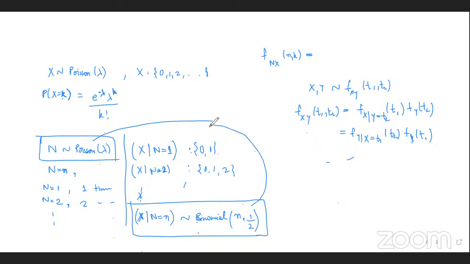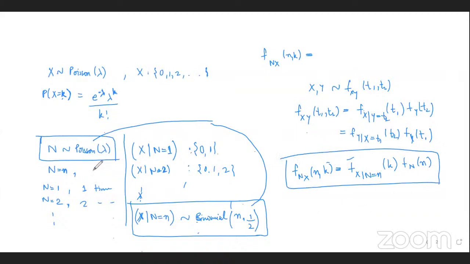Similarly, in this problem, we know the distribution for n, and we know the distribution for x given n. So we can write f of n, x, where n takes the value small n and x takes the value small k, as f of x given n equals n at k, times f of n at n.